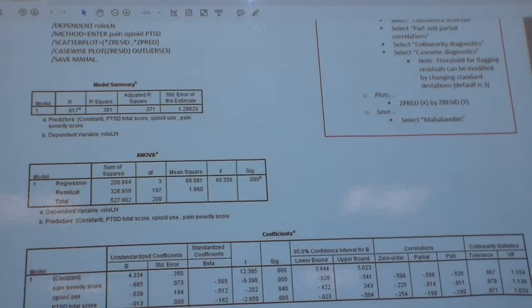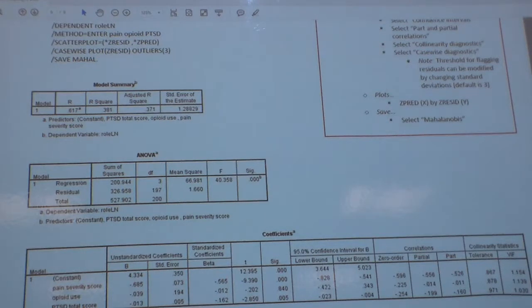So if I take 0.556 and square that, my semi-partial squared is 0.277, and my partial correlation squared is 0.309, okay?